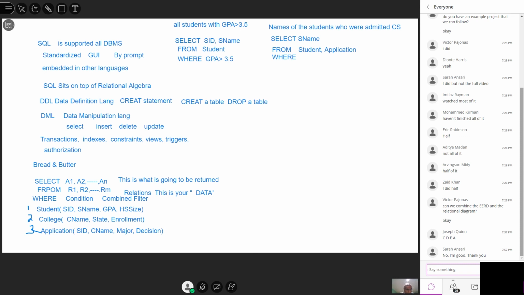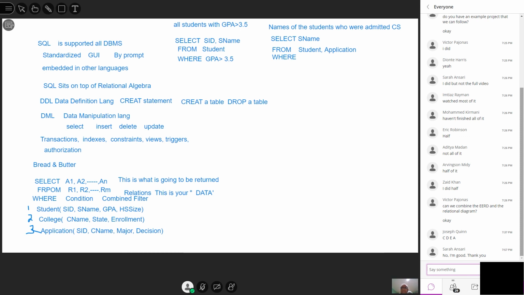So we have to say student.SID, the SID coming from student, must be equal to the SID coming from application. Student.sid is equal to application.sid.